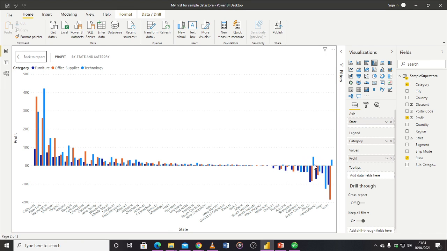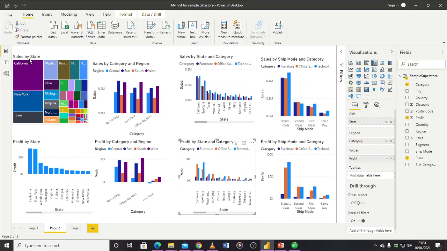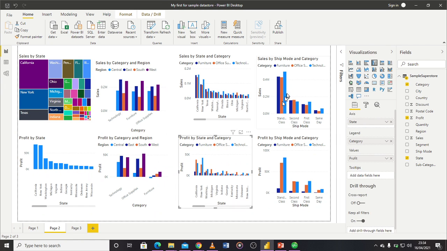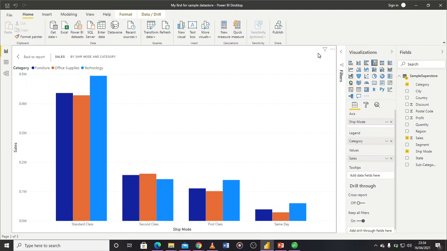But the interesting thing is, for technology, Illinois has a profit of 4,000, and Texas also has a profit of 3,000. But in other categories, like furniture and office supplies, there are negative profits being made. That's a very weak area in which profit can be developed.